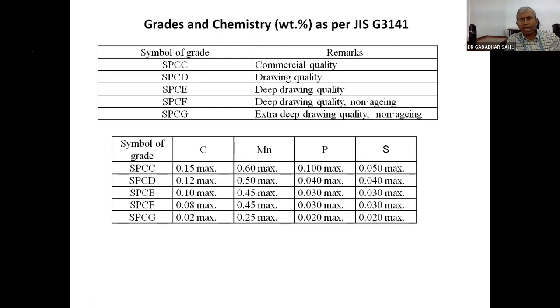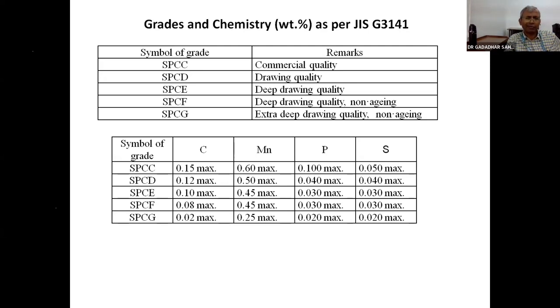CR5, actually CR5, CR4, and here SPCG, this is extra deep drawing quality and interstitial free also. Tata Steel regularly produces interstitial free steel, and the carbon is very low, 0.001. They go to that level, 0.001 carbon.